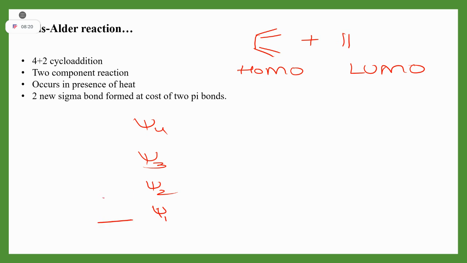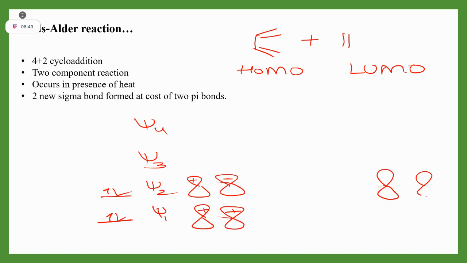And in total, how many pi electrons are there in this diene? Four, right? So we will fill it like this. I am just drawing the end orbitals, okay? And for your ethylene type system, this is psi 1 and this is psi 2.